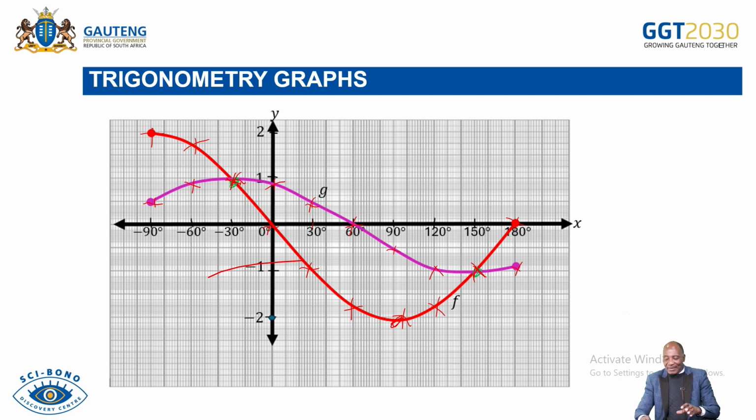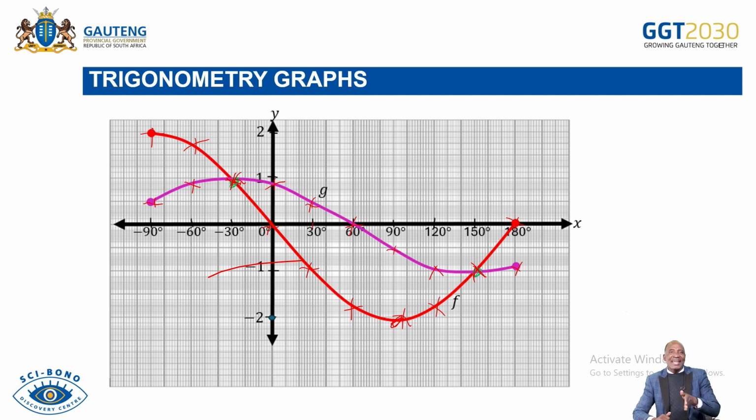At the end of the day, this takes us back to functions in general: when two graphs meet at a particular point, it means they are equal at those points. This takes us back to algebra, when you are solving simultaneous equations, to say what does that mean? It means graphical. This is where two graphs meet at a particular point and share a particular x value.